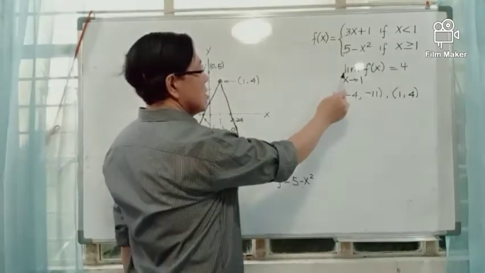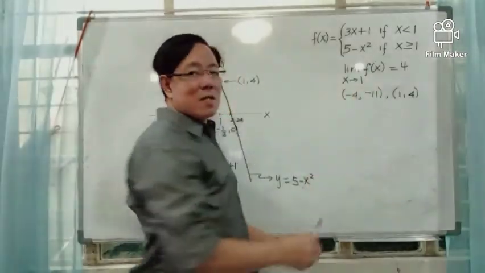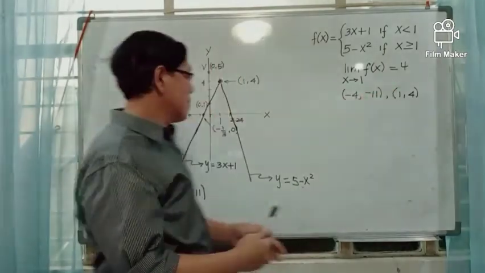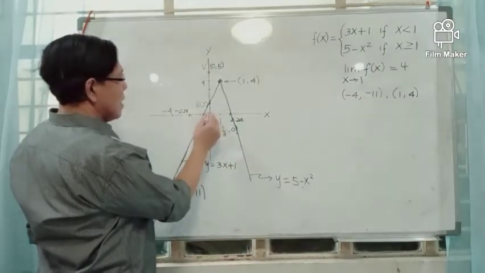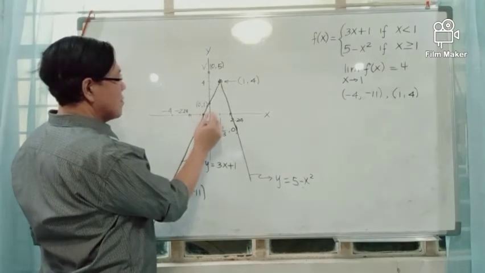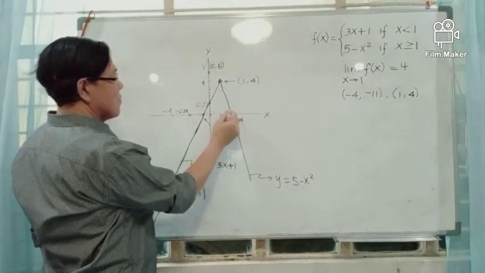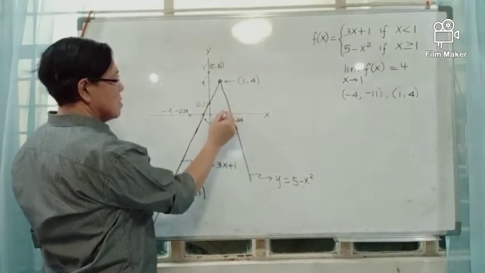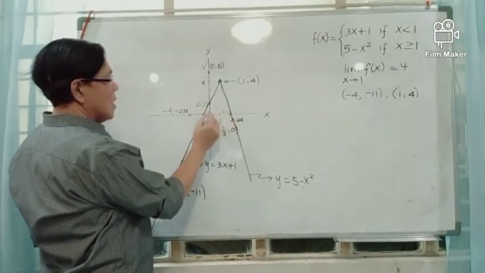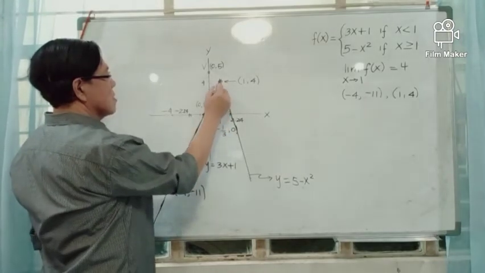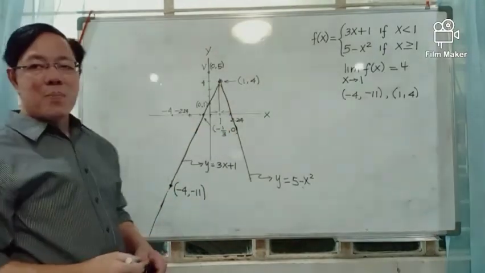We have shown that the limit of the function f of x as x approaches 1 is 4. So when the value of x approaches 1, either from the right of 1 or from the left of 1, the value of the function approaches 4.